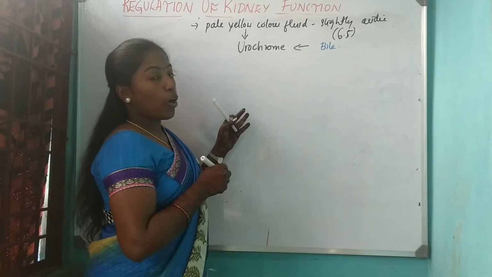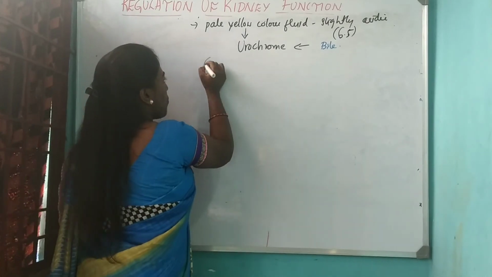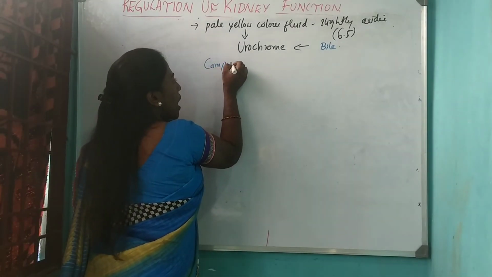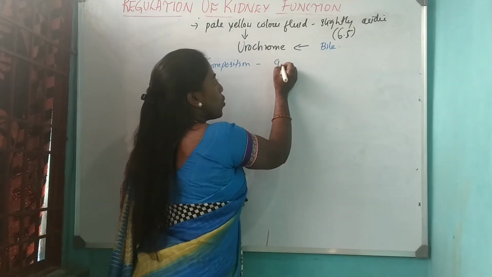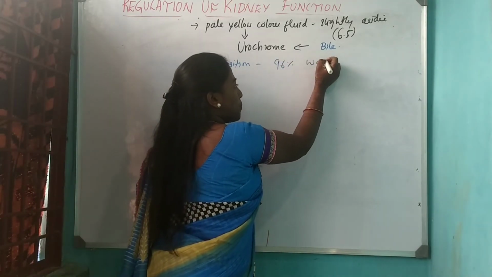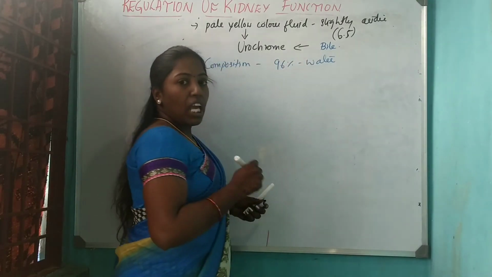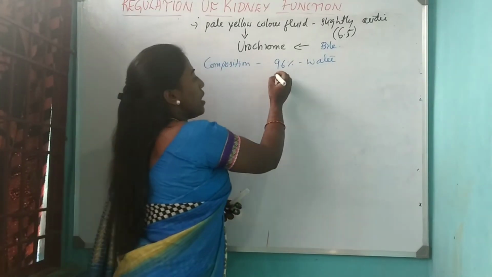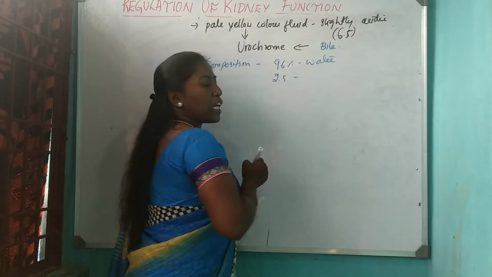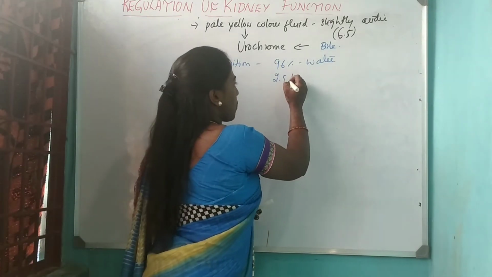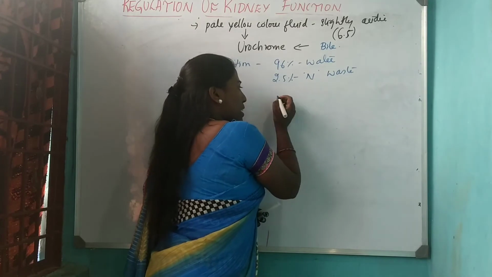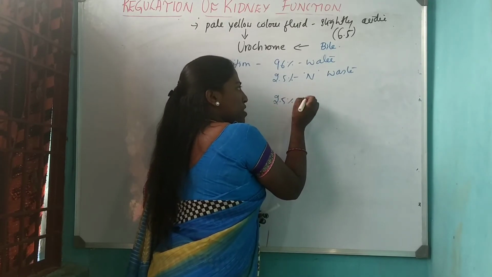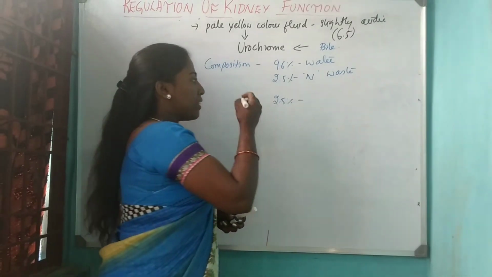Then coming to the composition of urine: 96% is totally water, 2.5% is different types of nitrogenous waste, and 2.5% is other waste.